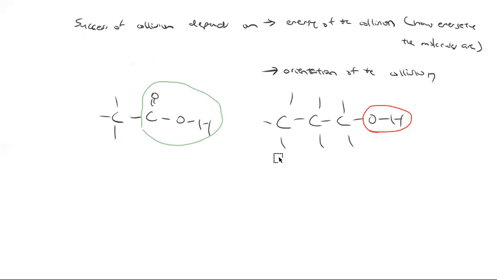What determines quick or slow? How much you get in an amount of time? Right, it's basically how many reacted in an amount of time, right?